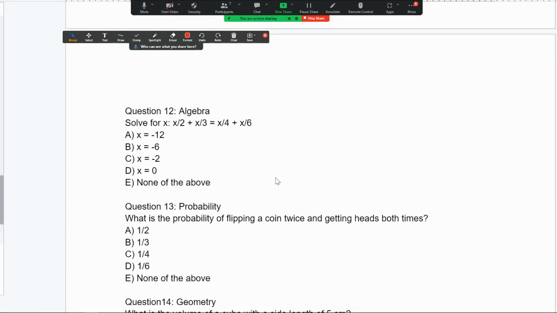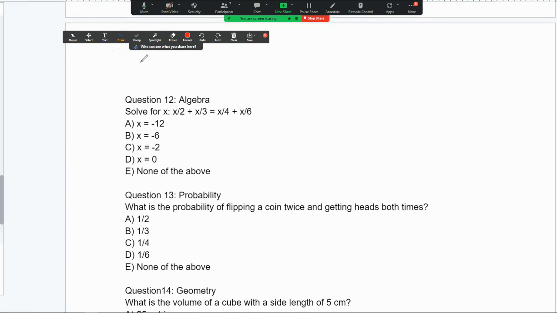All right, let's have a look at question 12 and 13. Solve the following for x. You've got x over 2 plus x over 3 equals x over 4 plus x over 6. I can see a common denominator here of 12.